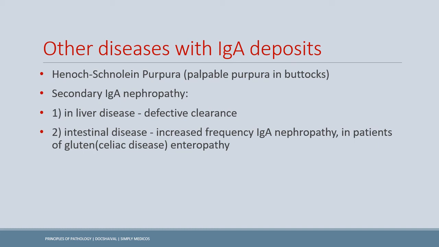Then again it's removed. So the secondary causes are liver disease, in which the clearance of the antibodies decreases, and intestinal disease because intestinal mucosa has IgA, and after the infection we have the nephropathy. Now, one of the high yield associations is that celiac disease patients have an increased tendency of IgA nephropathy.